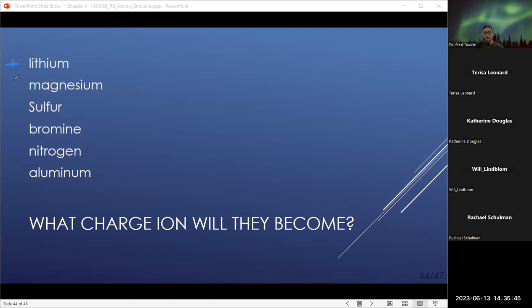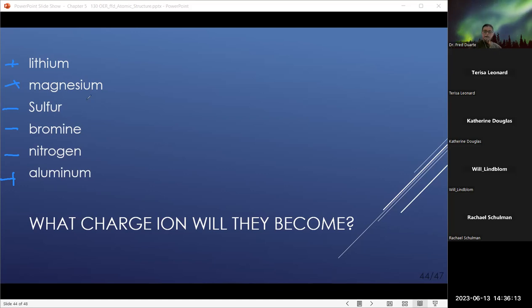Magnesium also is a metal, so positive. Sulfur is a non-metal, so it's going to be a negative charge. Bromine is also a non-metal, so it ends up with a negative charge. Nitrogen also is a non-metal, so it will have a negative charge. And finally, aluminum is a metal, so it's going to lose electrons.